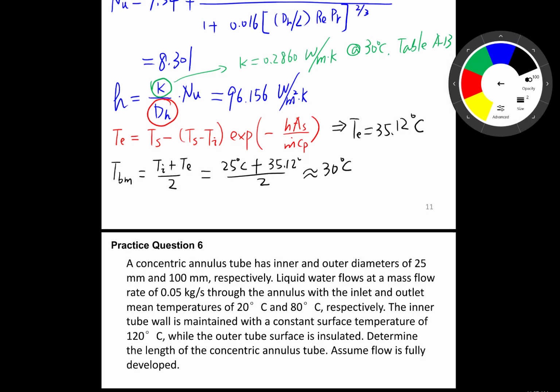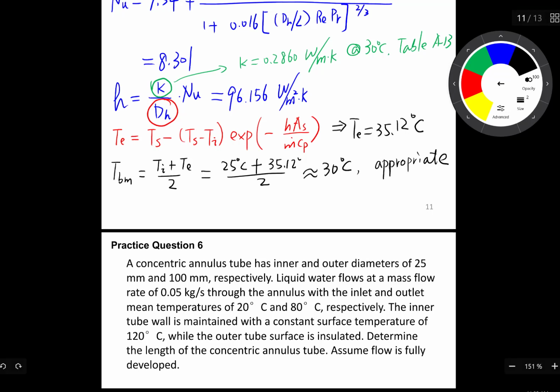So we know 30 degrees Celsius is actually an appropriate temperature for evaluating the properties of glycerin. If we ended up with a bulk mean temperature much different from 30 degrees Celsius, that would mean evaluating the properties at 30 degrees Celsius was not appropriate.